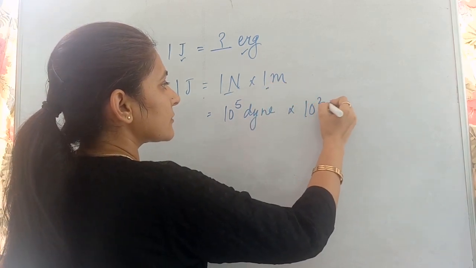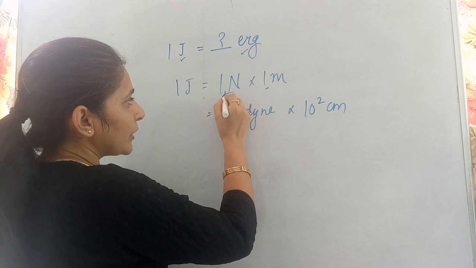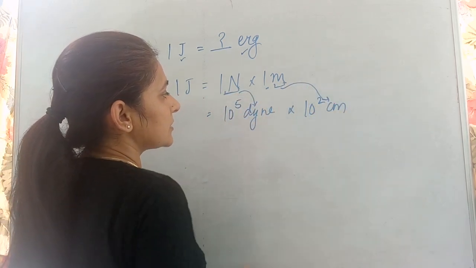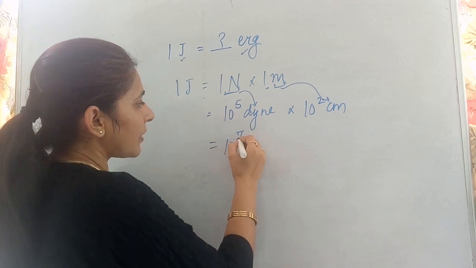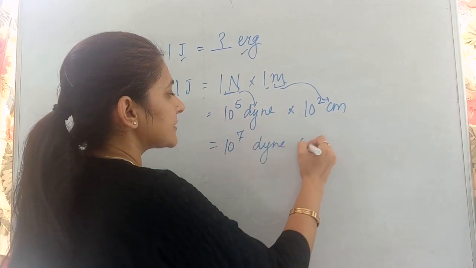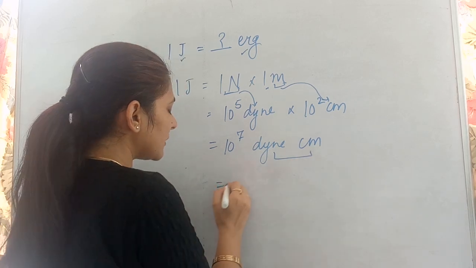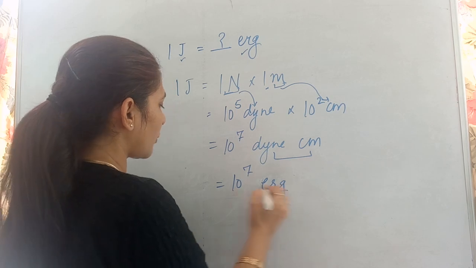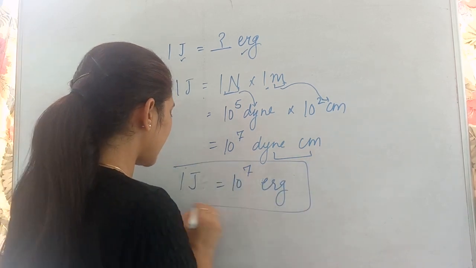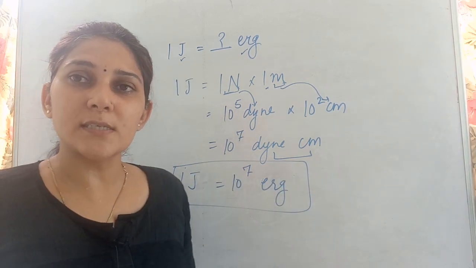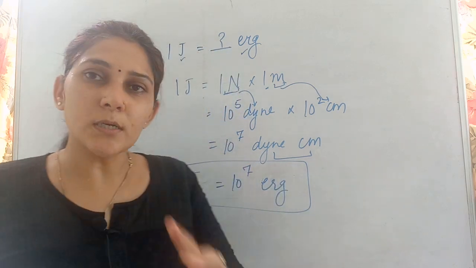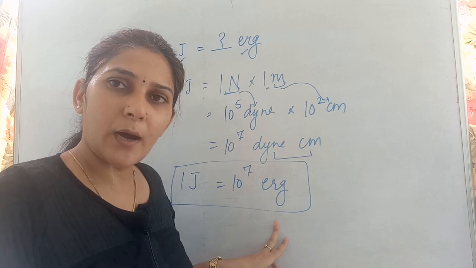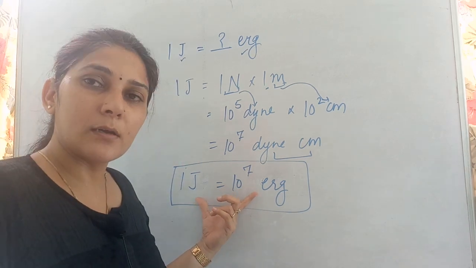Instead of 1 meter, 10 raised to the power 2 centimeter. I converted this SI unit into CGS unit. So that will become 10 raised to the power 7 dyne centimeter. Dyne centimeter together is erg. So that means 1 joule is equal to 10 raised to the power 7 erg. These types of questions can be asked in your paper and you are supposed to solve them completely. If they are asking how it is related, and it is for 1 mark only, you can directly write down the relation also.